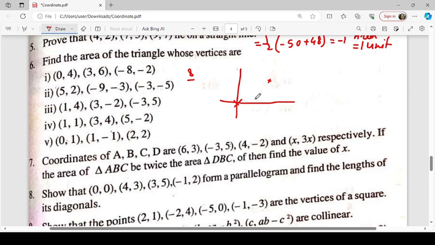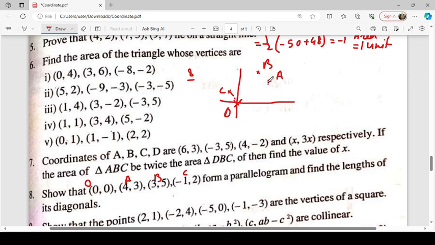So we say this is O, this is A, 3 5 is here, so this is B, and -1 2 is here, so this is C. So this is O, this is A, this is B, this is C.